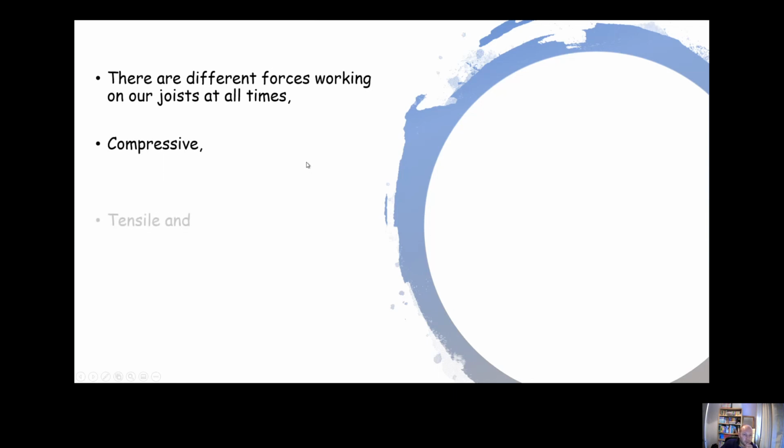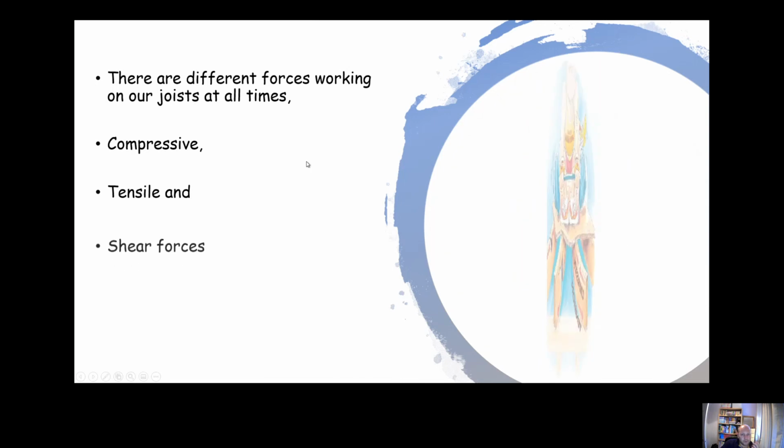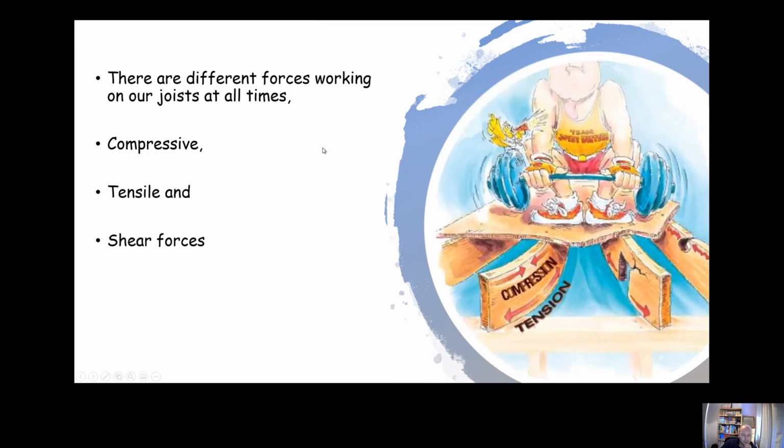There are lots of different forces acting on the joist at all times. You get compressive forces, which push together, tensile forces, which pull apart, as well as shear forces, which act opposite to one another but not directly opposite. The best way to think about it is like a pair of scissors putting shear force on paper, which causes it to shear, to cut.